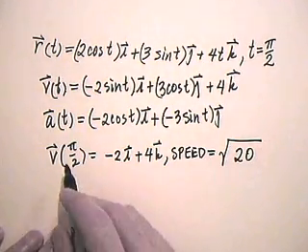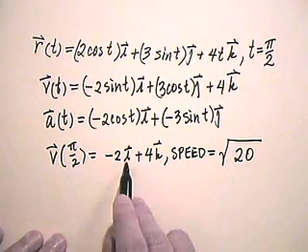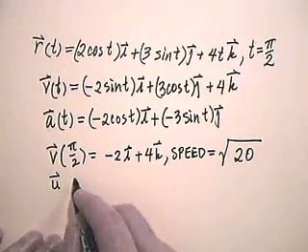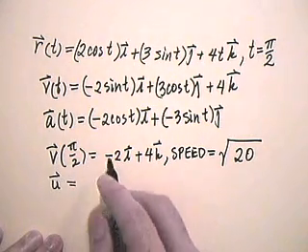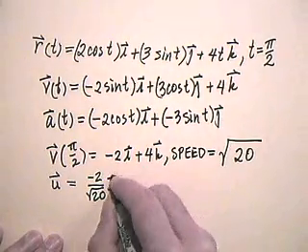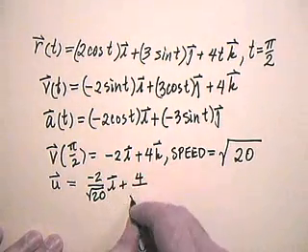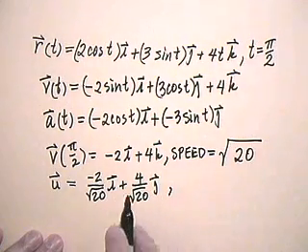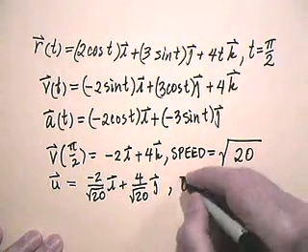So a unit vector in the direction of our motion at time pi over 2 would be negative 2 over root 20 times i plus 4 over root 20 times j. And what's the acceleration at that instant, pi over 2?